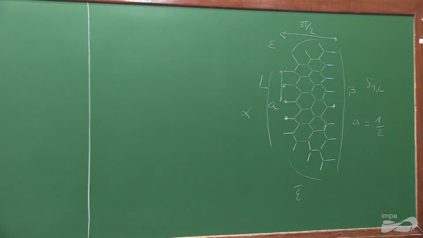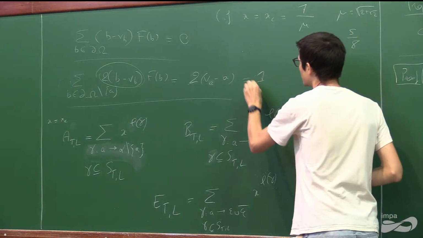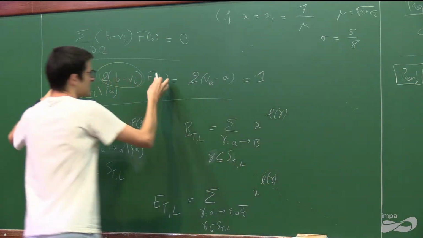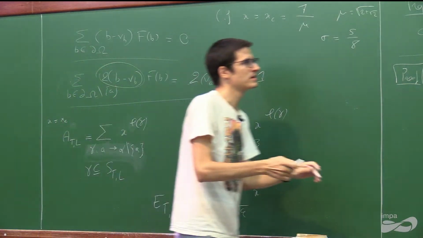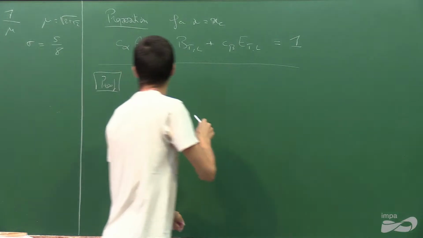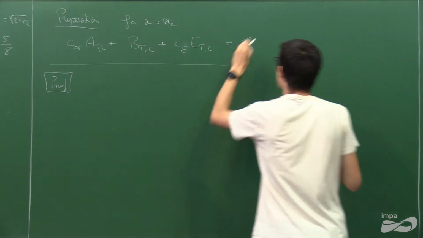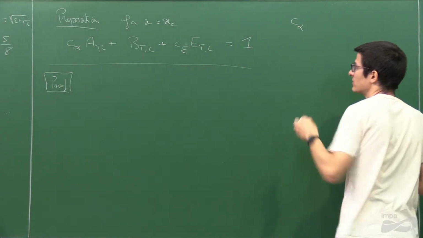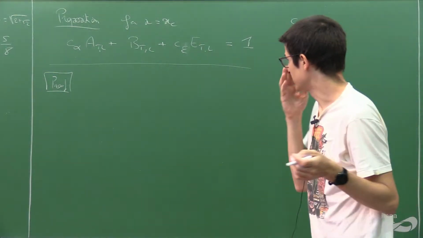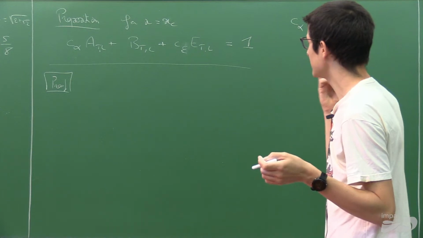Of course, because this is equal to 1 in our case, what we have to show is that this sum here is equal to these three things. And I forgot to say, this is C epsilon, and the important thing here about the constants C alpha and C epsilon is that they are positive.